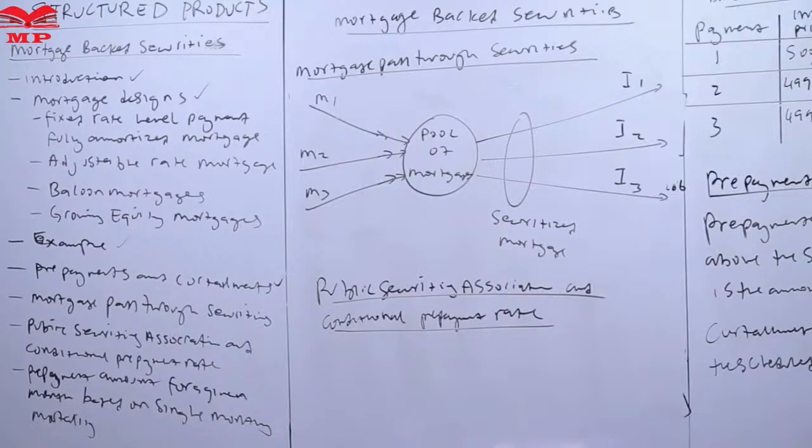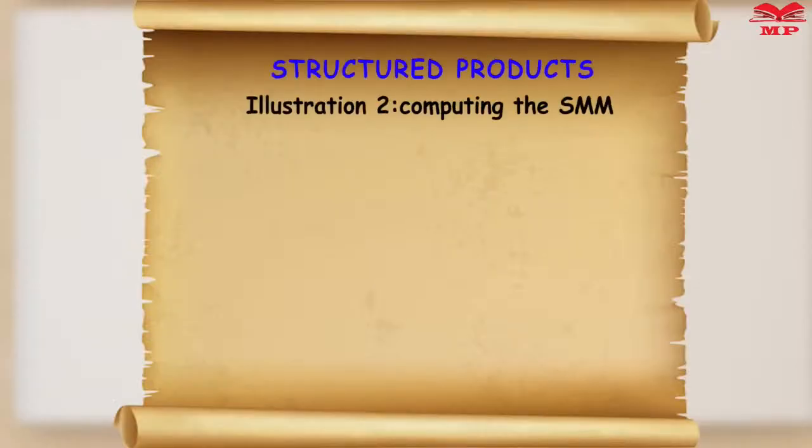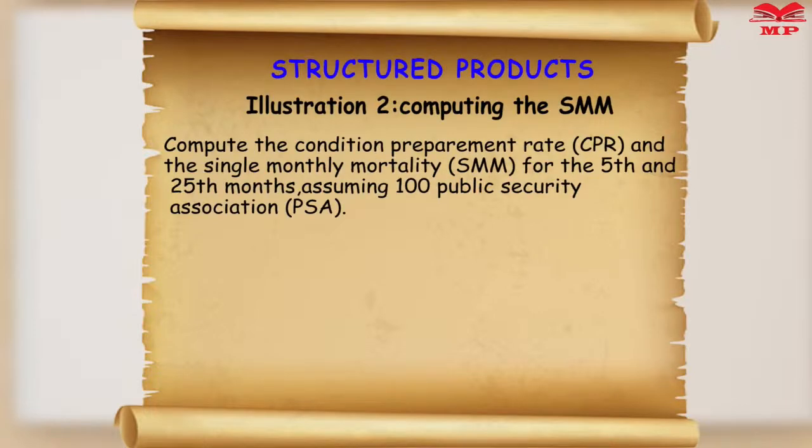The best way to explain conditional prepayment rate and the Public Securities Association is by looking at an example. The example reads as follows: compute the conditional prepayment rate and the single monthly mortality for the 5th and 25th months, assuming 100 Public Securities Association.